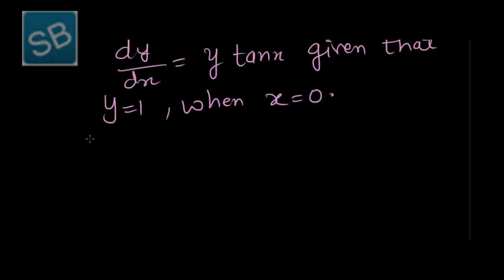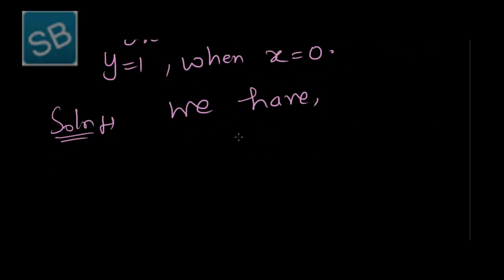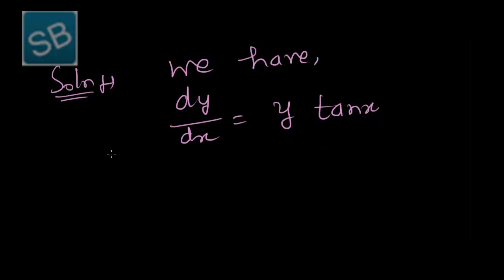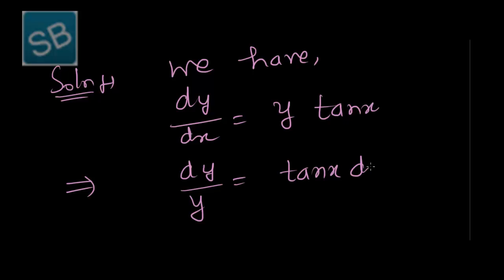So now the solution is, as we have dy over dx is equal to y tan x, by variable separable method it becomes dy over y is equal to tan x dx.